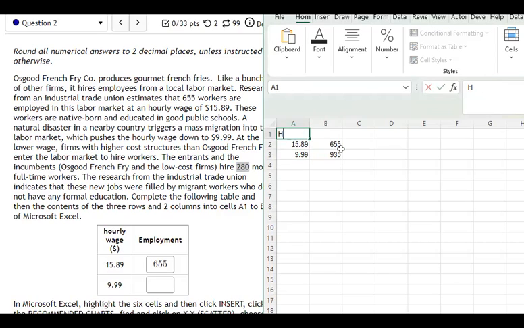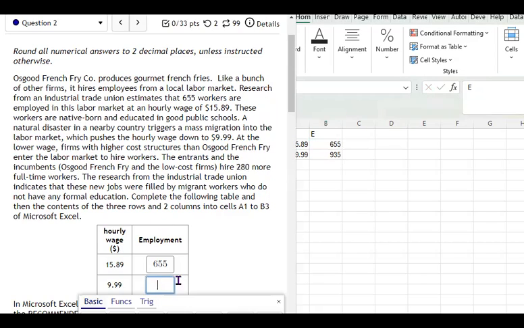This is the hourly wage, I'll just call it W. And this is the employment level, I'll just call it E. So W and E. So this is 935, because we're adding that 280 to the 655.